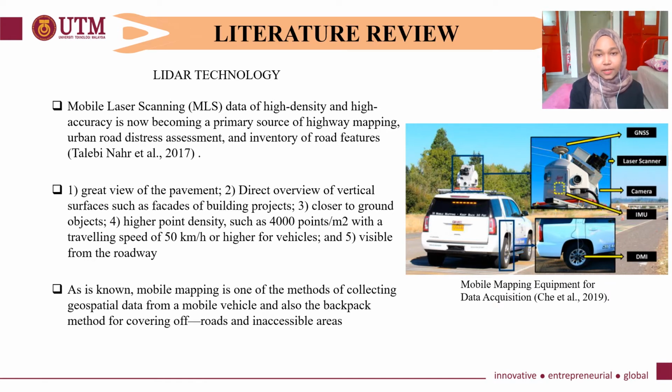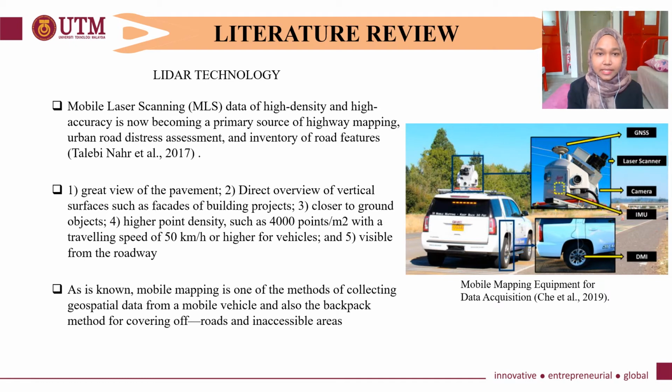Mobile LiDAR equipment, unlike their airborne counterparts, have the following benefits, such as grid view of the pavement, direct overview of vertical surfaces, such as facades of building projects, and closer to the ground objects, higher point density such as 4,000 points per meter square with traveling speed of 50 km per hour or higher of vehicles and visible from the roadway.